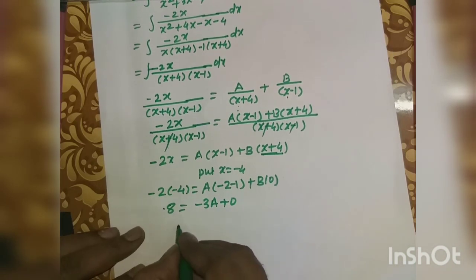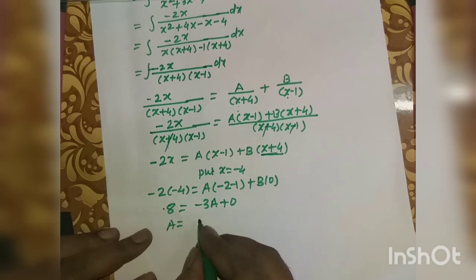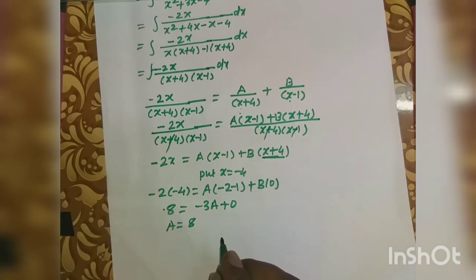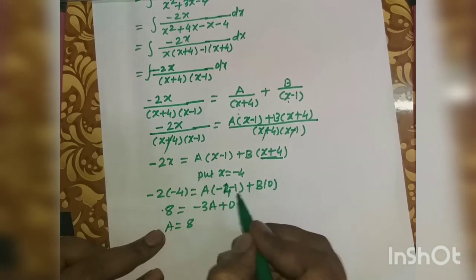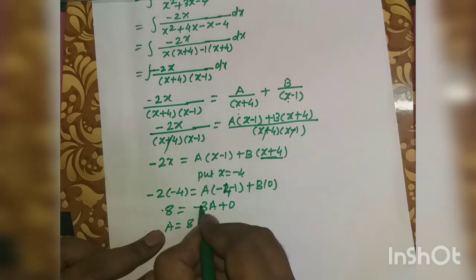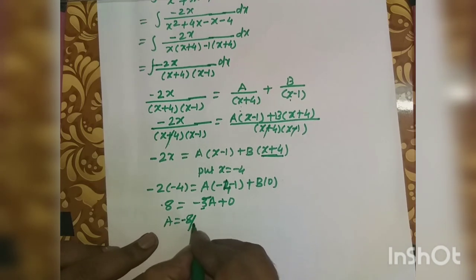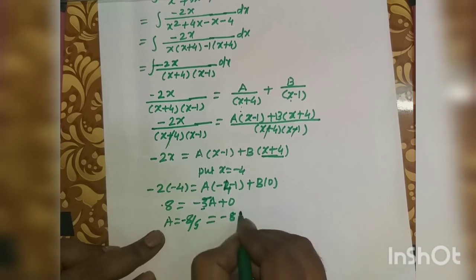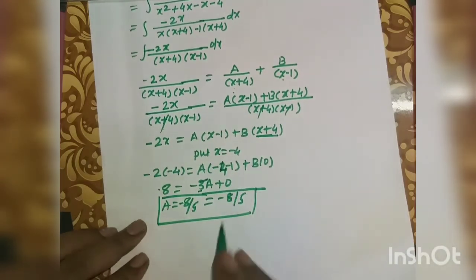Therefore a is equal to minus 8 divided by 5, which is the value of a. The first constant we can find in this way.